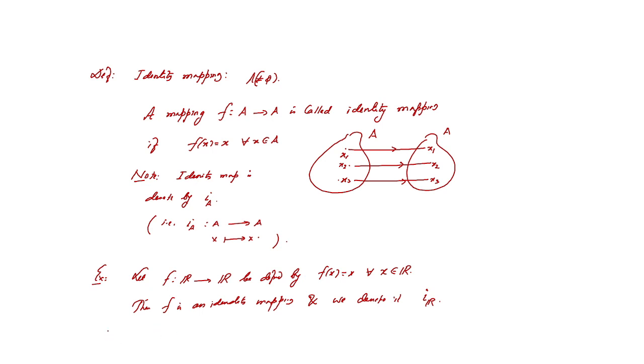So one important remark: the identity mapping is an example of a bijective mapping because it is injective as well as surjective. So you can check it. Identity mapping is a bijective mapping.